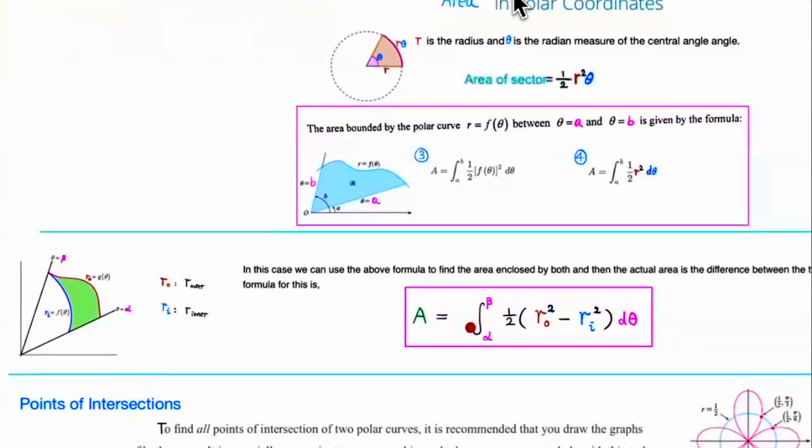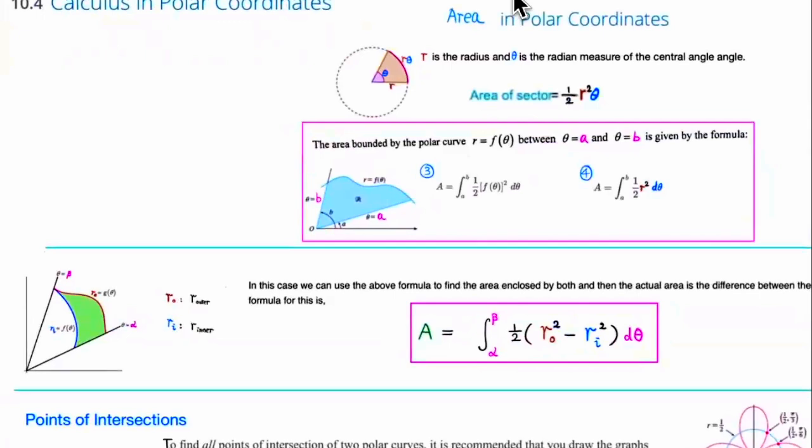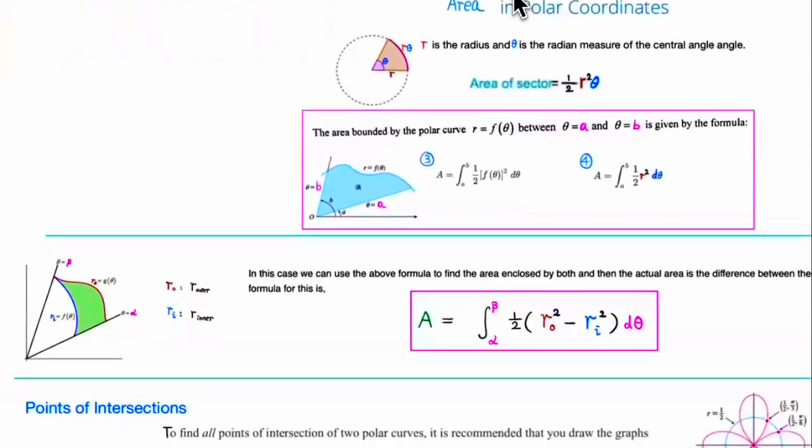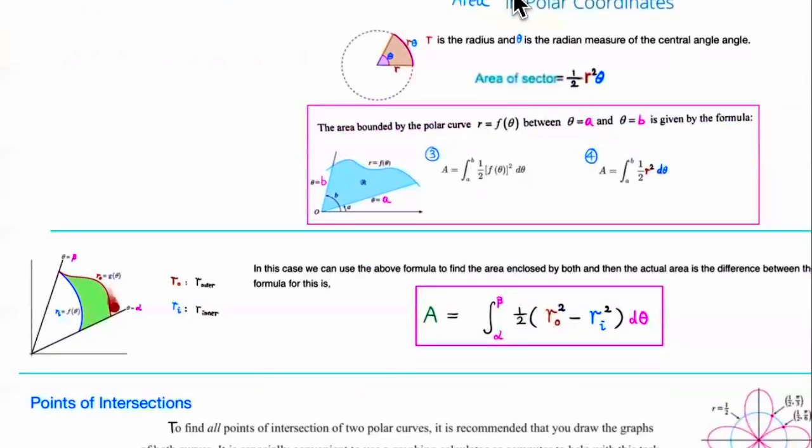You actually have something like this in Calc 3. So to find the area between these two polar curves, it's going to be 1/2 this outer r squared minus the inner r squared d theta, theta going from alpha to beta.